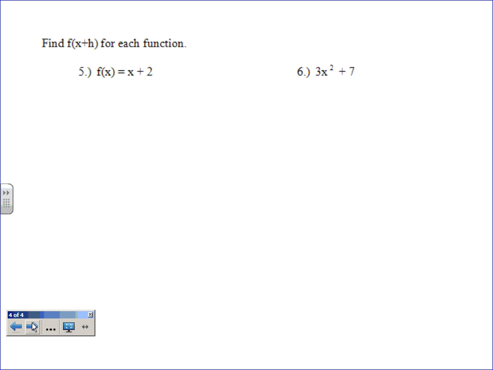And this skill right here will prove incredibly important if you plan on going on to calculus. You will need to be able to do this and do it very well. Our function now has changed its name. Our function is now f.